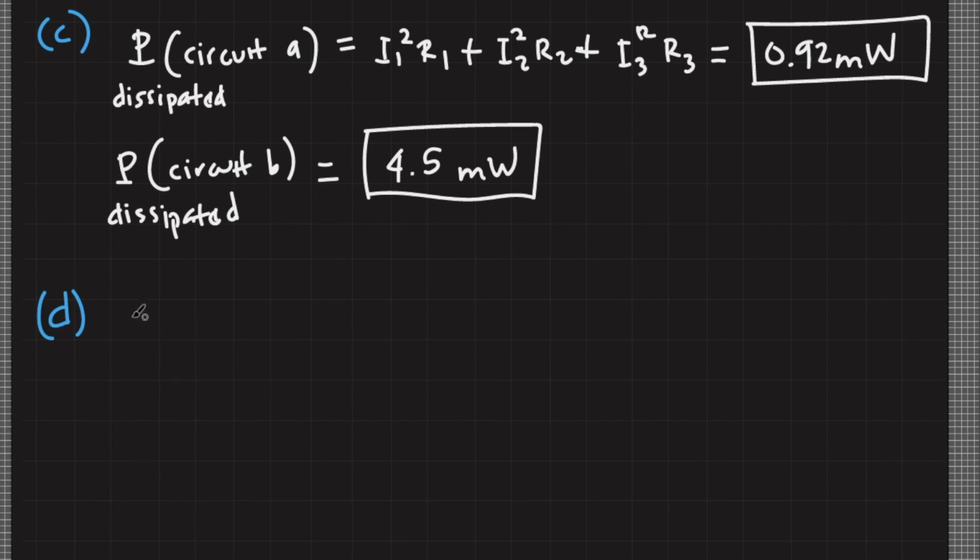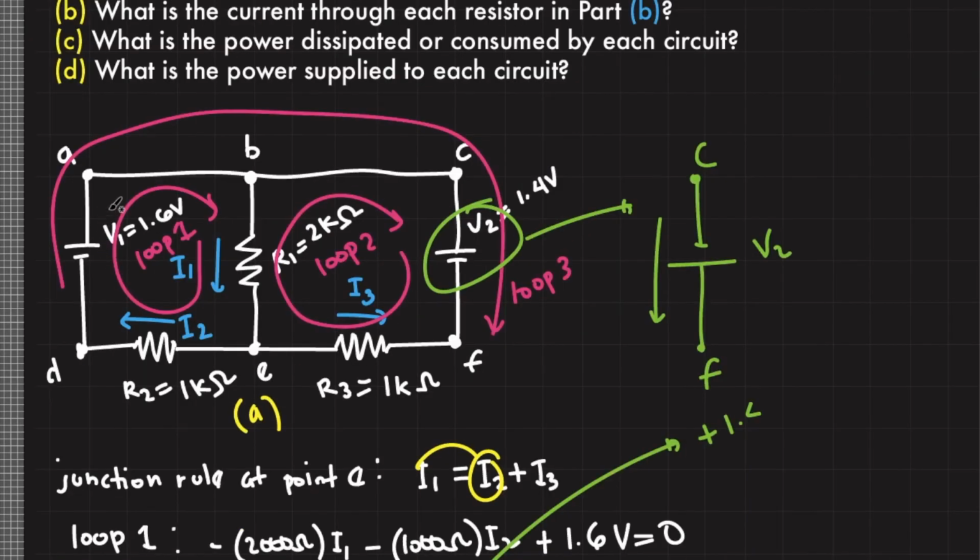For part D, we just need to calculate the power supplied by the EMF sources. So for circuit A, if we return to the circuit, the current that passes through V sub 1 is I sub 2, and the current that passes through V sub 2 is I sub 3.